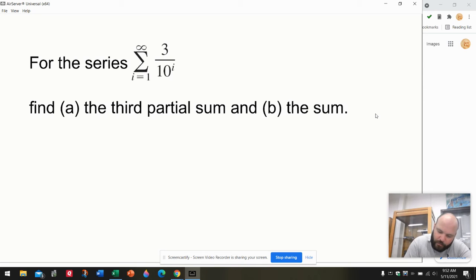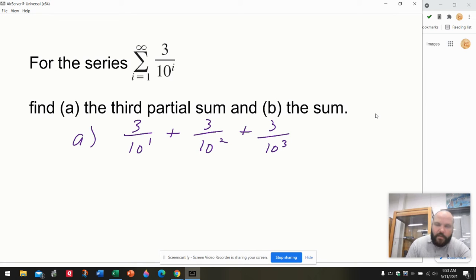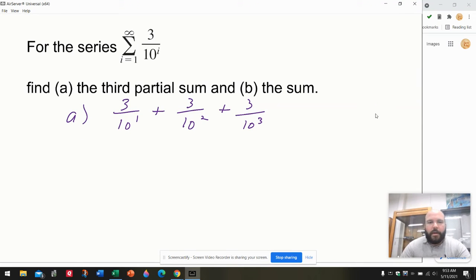So we'll start for the third partial sum. So this is part A. We'll have 3 over 10 to the first, plus 3 over 10 to the second, plus 3 over 10 to the third power. Now, as I said, I did show you how to add these up using your calculator, but we're not going to do that. We're just going to stick with using our brains instead.